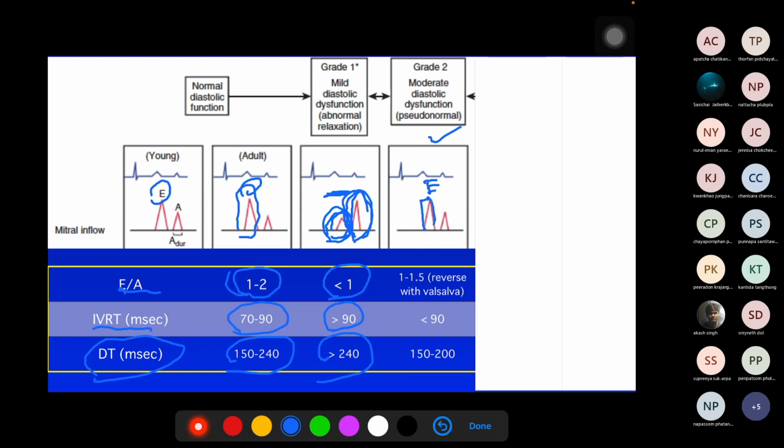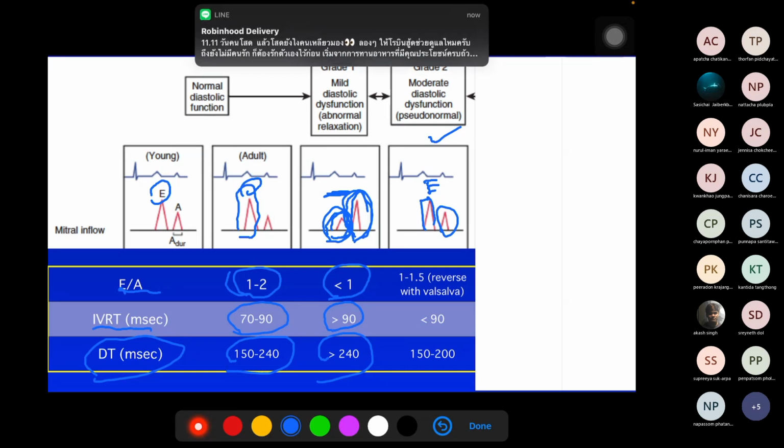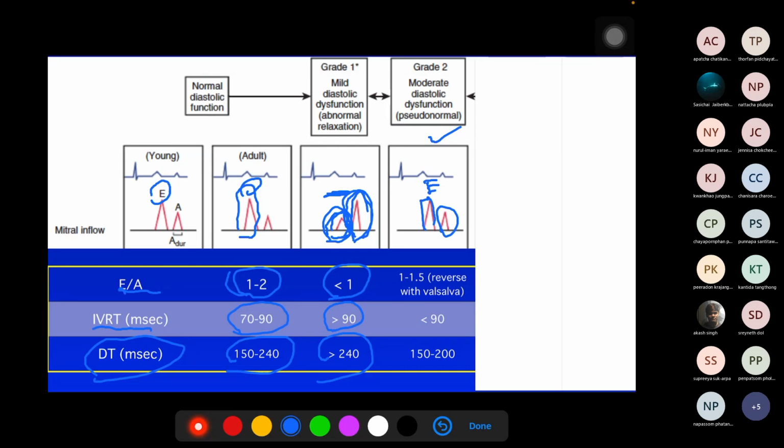The E will overcome the A wave again, because imagine when the LA pressure is higher than usual, when the mitral valve opens to start the second phase of diastole, the blood from the LA comes to fill the LV very quickly, because the LA pressure is very high from the long-term accumulation after grade 1.